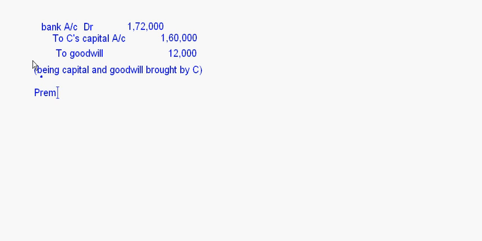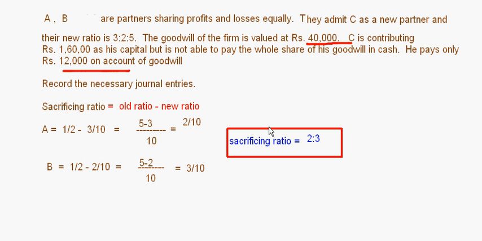Now the next entry is premium for goodwill account debit. This is the 12,000 that he is bringing in, and now let's see what is his actual share of goodwill. It's given here that the goodwill of the firm is valued at 40,000, and the share of C is 5/10, since 3:2:5 means it comes to 5/10 for him.